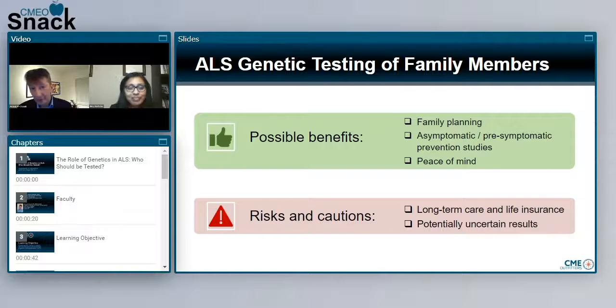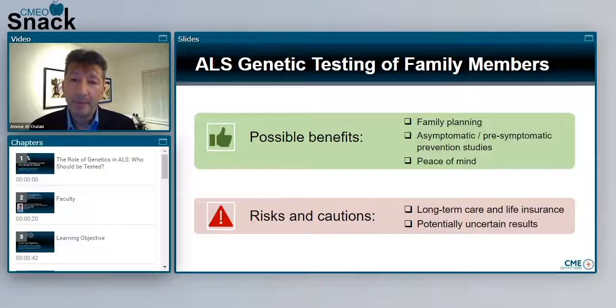So we certainly don't do it routinely, but we will do it in certain situations after proper discussion. And particularly the group of people that's most likely to be tested in that way are younger people who might be wanting to start a family when there's a positive diagnosis of genetic ALS in a first-degree relative, because there is the possibility of pre-implantation genetic diagnosis where, as you know, it's a form of IVF.